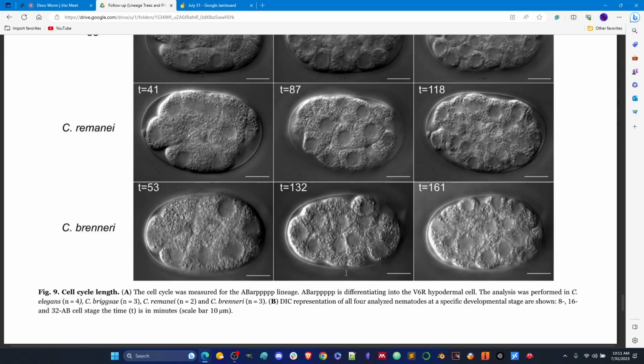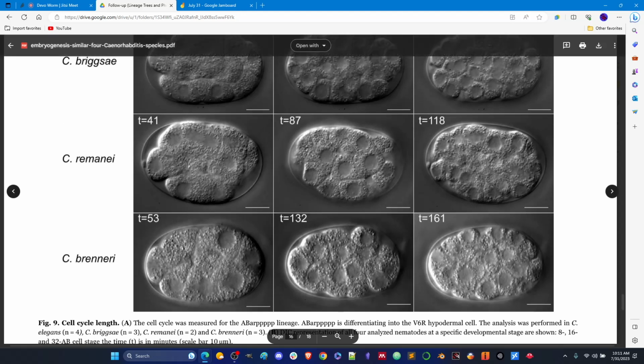The idea is that it takes a certain amount of time for a cell to divide into its daughter cells. An ABA cell divides into an ABAL and an ABAP or something like that, and it takes a certain amount of time. Between species, that time can shrink or expand, and that has an effect on when that cell is produced.